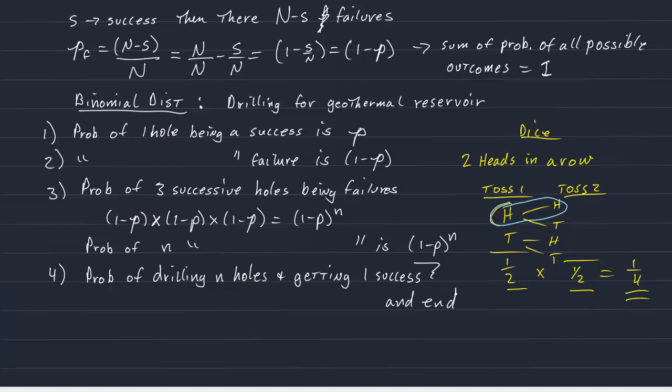Our last hole is our success. So here we have the probability of the first n minus 1 holes being failures. So that gives us (1 minus p) to the n minus 1. And if our last hole is a success, then we multiply by the probability of that last hole being a success.